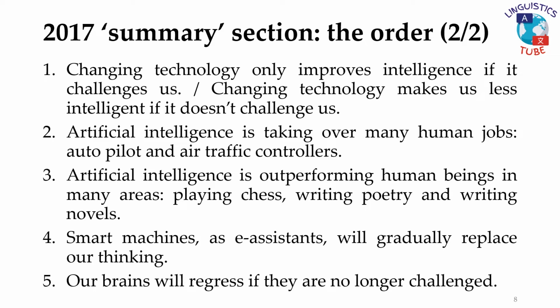You can see that I abbreviated automatic pilot to autopilot, which is a common abbreviation. Thirdly, artificial intelligence is outperforming human beings in many areas: playing chess, writing poetry, and writing novels. Again, I think including the examples from the article helps our understanding of each point.